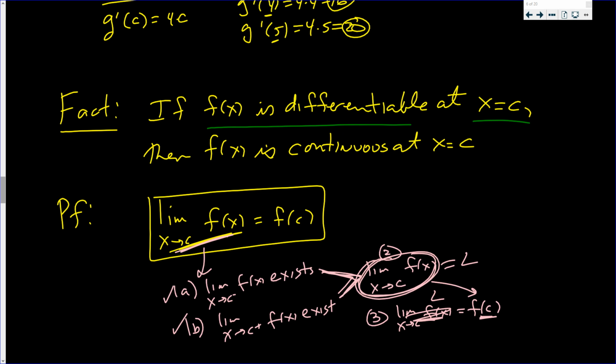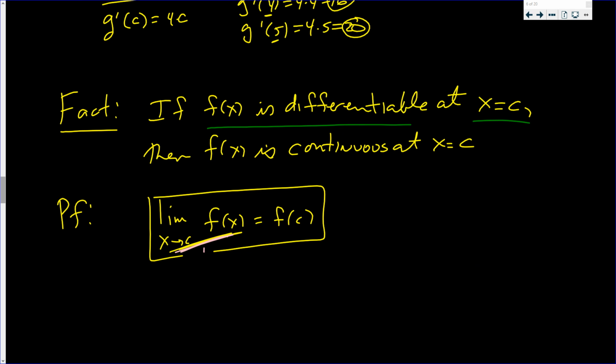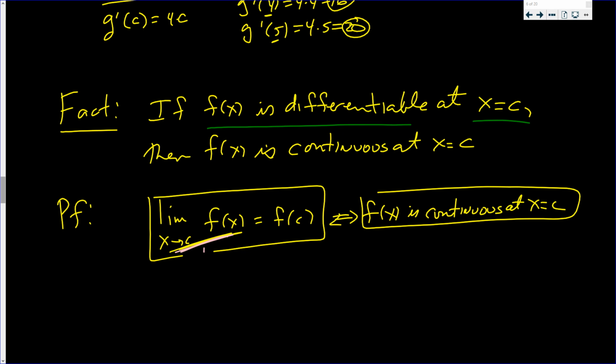So this is just a shortened way of verifying that a limit exists. By definition, this means f of x is continuous at x equals c. So you don't need that for the proof, but let's just state it.